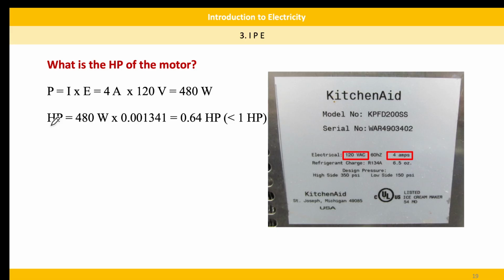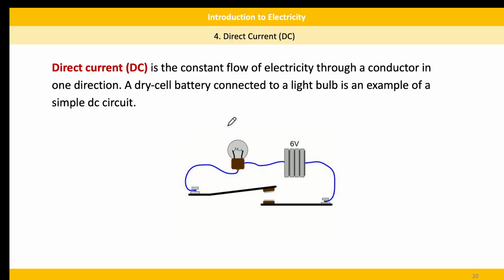It's horsepower. So here is an example of horsepower. This one is a constant number, so you can always use it to convert P to HP.